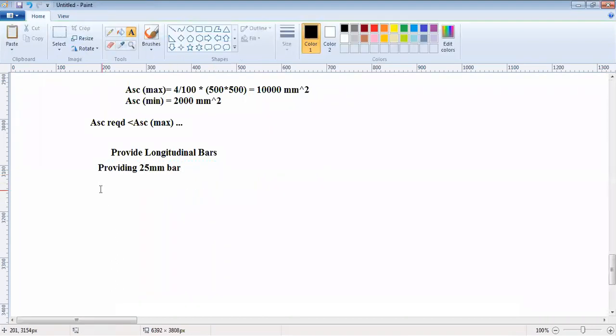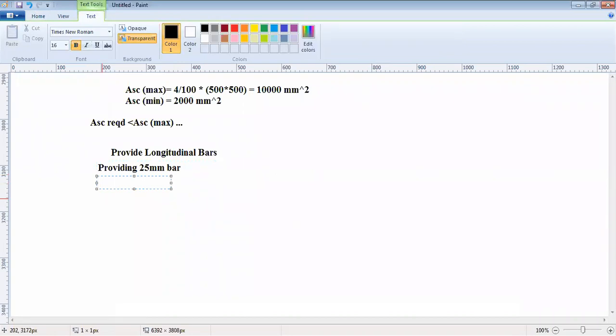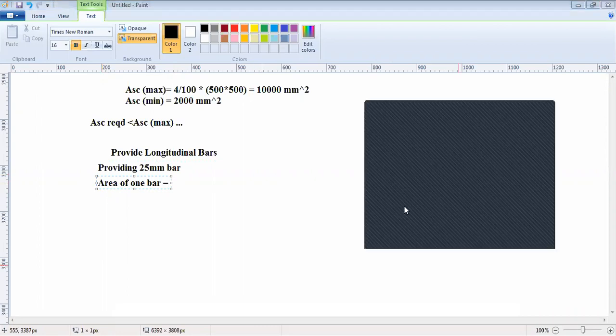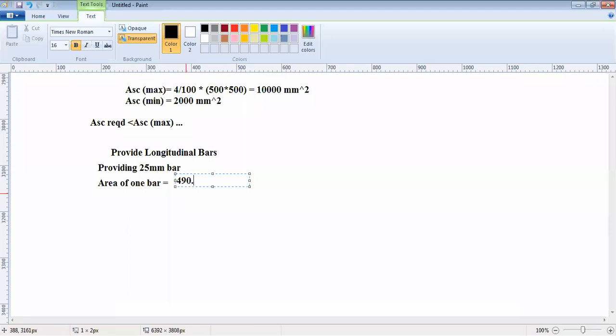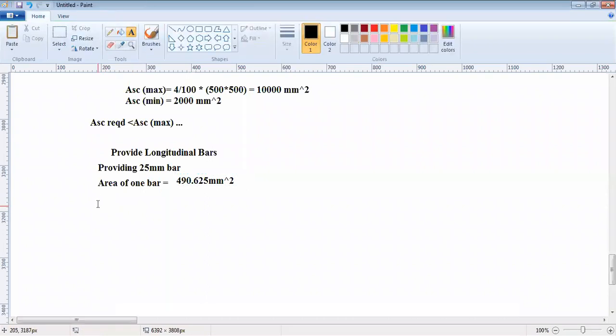In that case, the area of one bar is 3.14 divided by 4 into 25 cross 25. This is 490.625, the area of one bar.